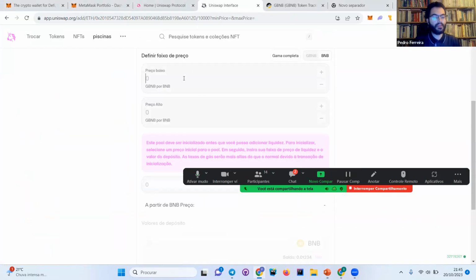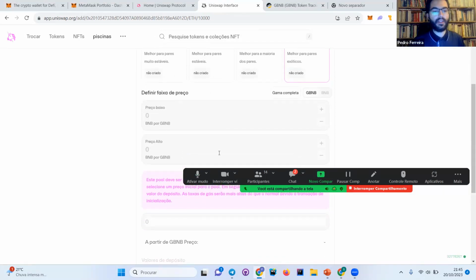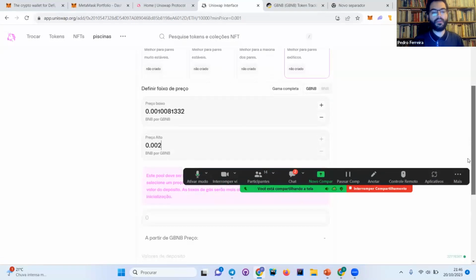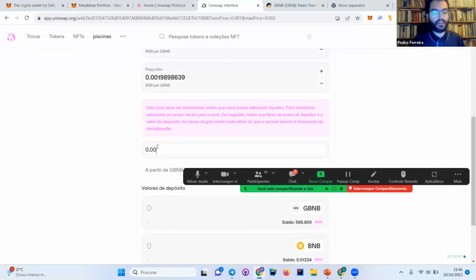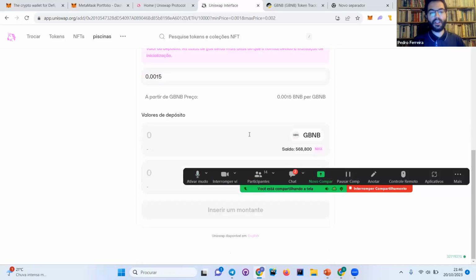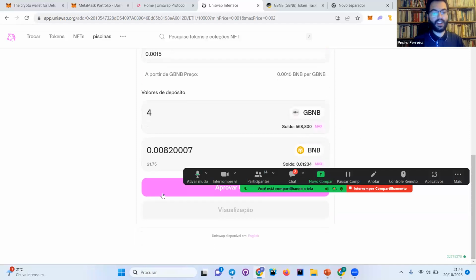So let me put it like this. I'm going to set the lowest price at 0.01 and the highest price at 0.02. And I want the initial price of my token to be 0.00115 BNB. So when I add 10, I need to put at least 0.02. But if I go with 4, I need to just put 0.082 BNB.